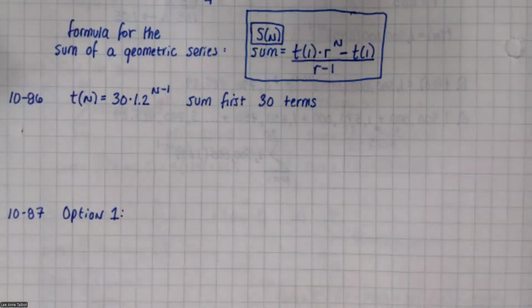Okay, so write down number 86, and we're just going to use the formula. So this is more of a normal problem. We're going to plug in all of those things, use our calculator to calculate the sum. And then number 87, we go back and figure out the amount that Mr. Hanks can get.